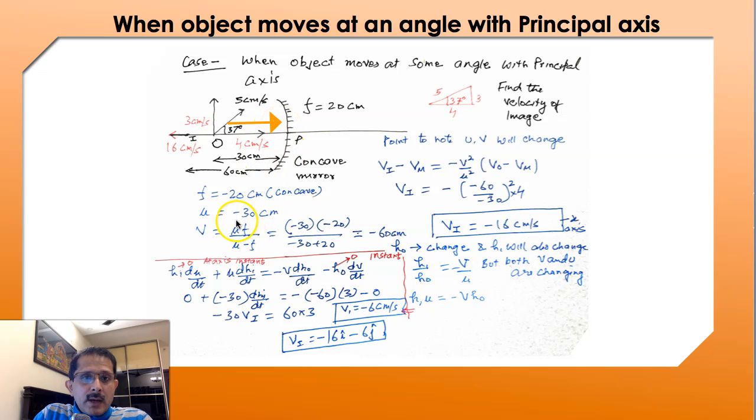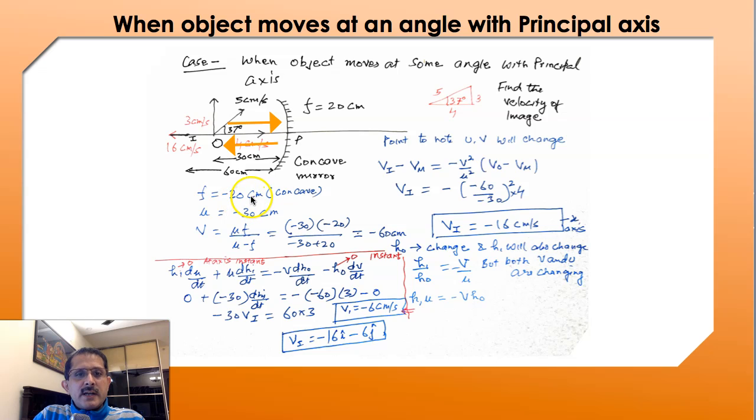But when I talk about u, the distance of the object from the pole, the direction, as I stated several times, would always be from the pole to the object, which is totally opposite of this, and that is why u would be minus 30 centimeter.